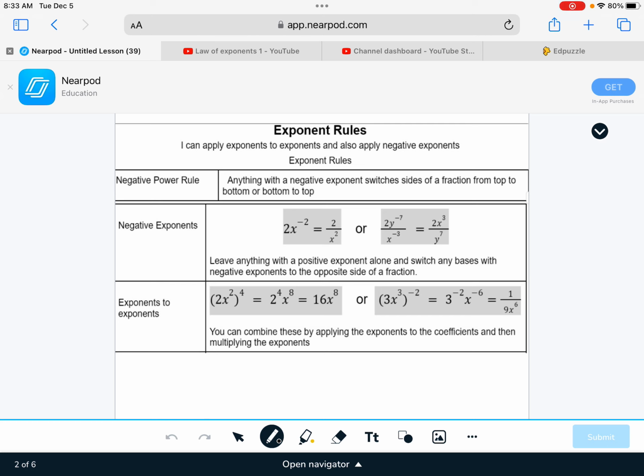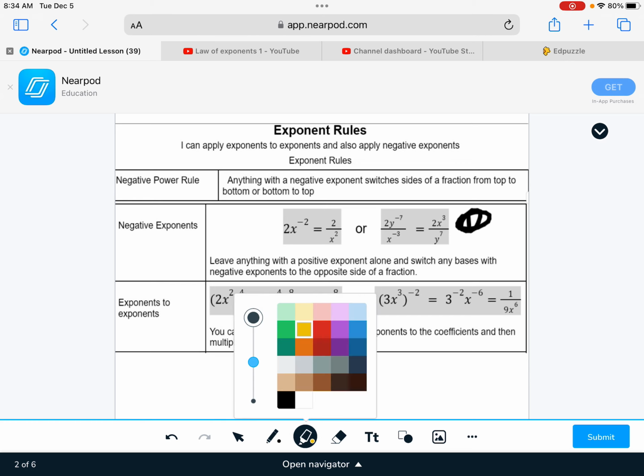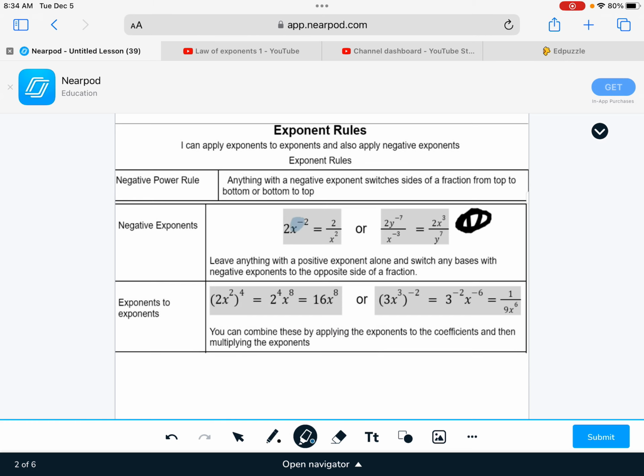So like in the example that I've given you on the first part here, look at where this 2x to the negative 2 is. The negative 2 is being applied directly to the x. So because of that, you are going to be switching the x with the exponent 2 from the top of a fraction, even if it doesn't look like there is one, to the bottom.